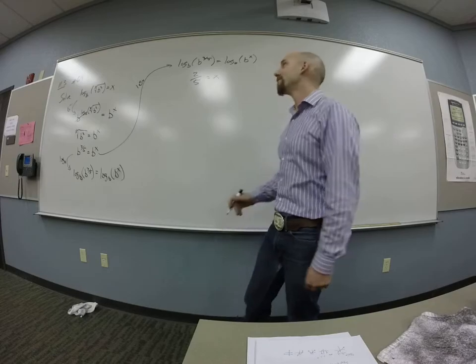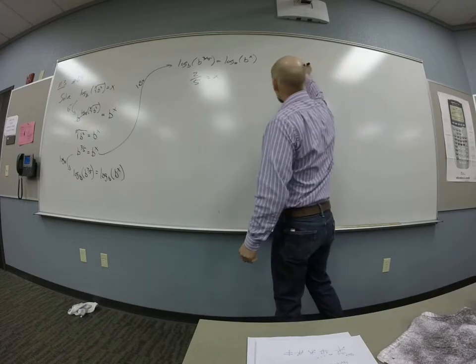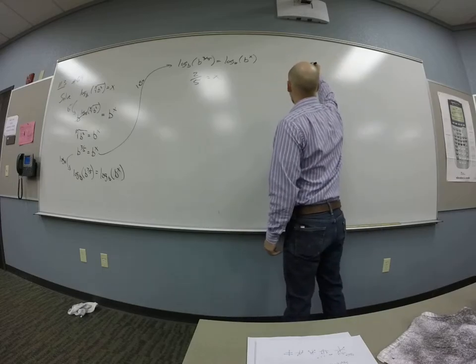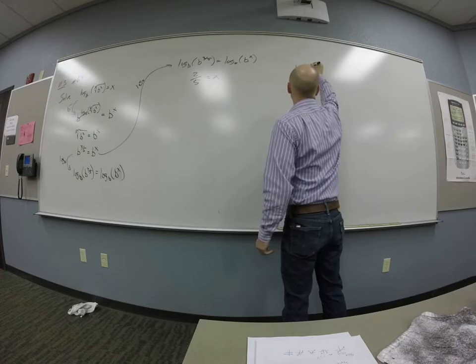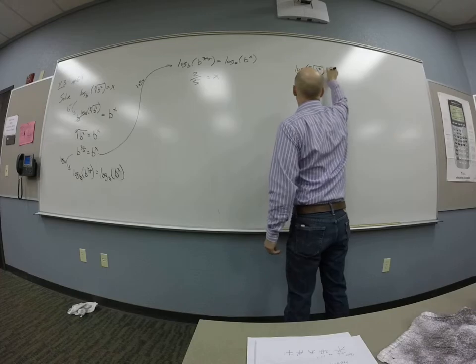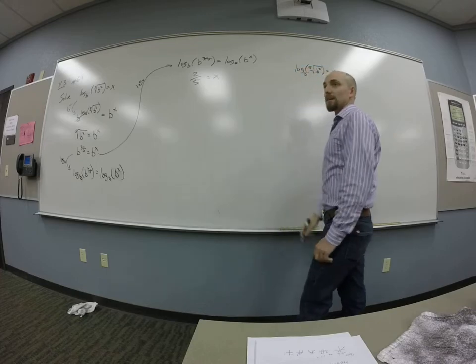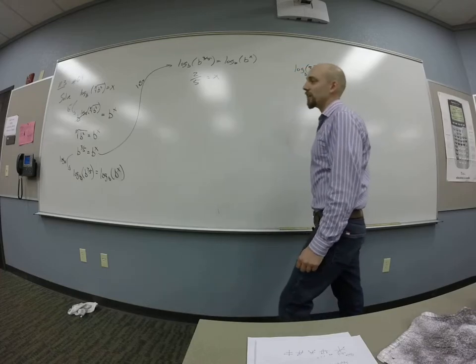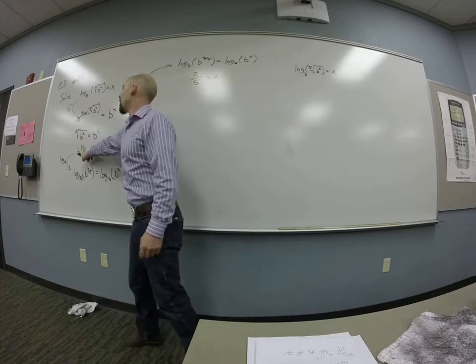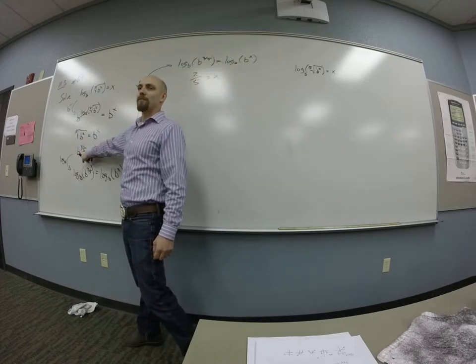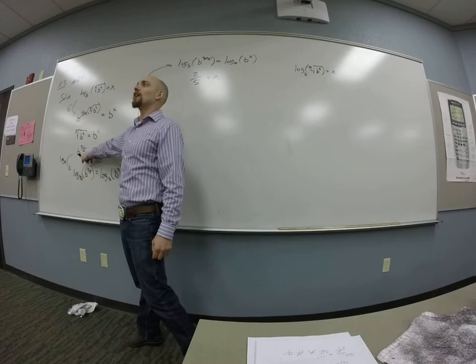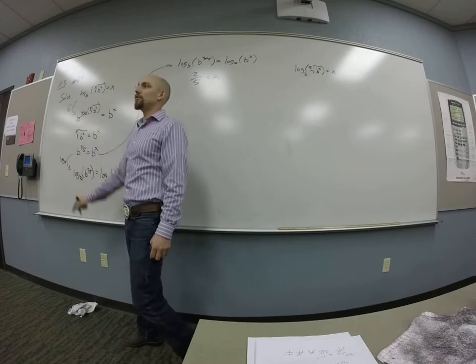I could have instead started at the beginning. I've got log base b of the fifth root of b squared, and that's x. At the beginning, I could have noticed that the fifth root of b squared is b to the 2/5.